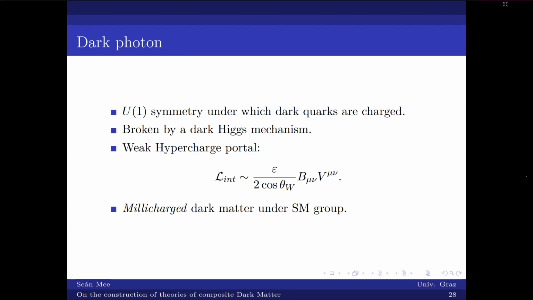But now you have 2 processes which are totally separate, right? If you noticed for the WIMP miracle or the WIMP model, when you introduce this sort of portal, this annihilation, you also get these scattering processes.